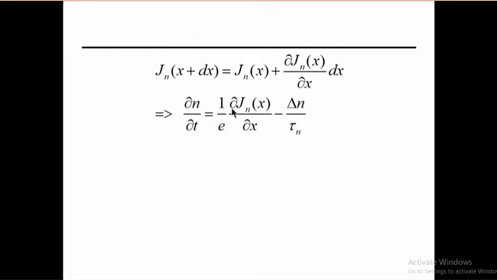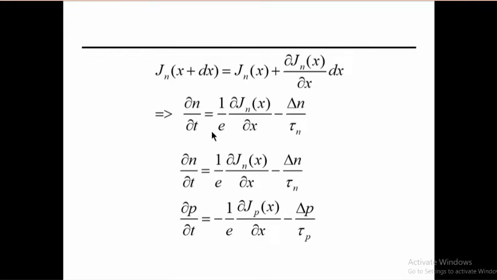The minus sign got out from this equation, since there was minus, minus became plus. So del n by del t equals 1 over e del Jn of x by dx minus delta n over tau n.